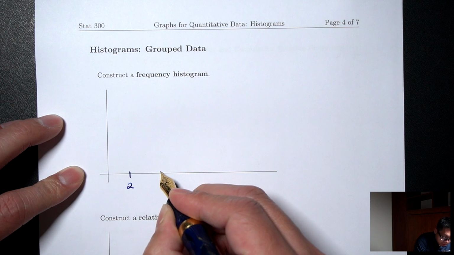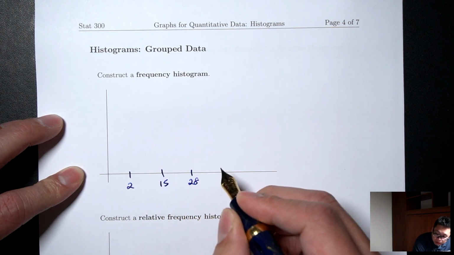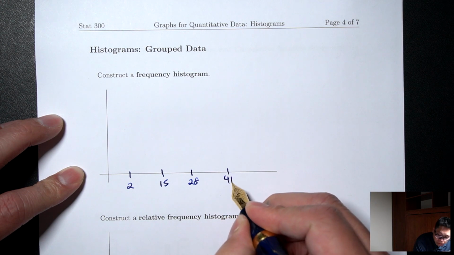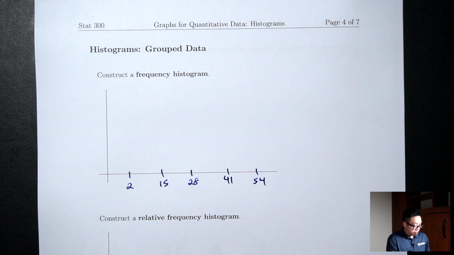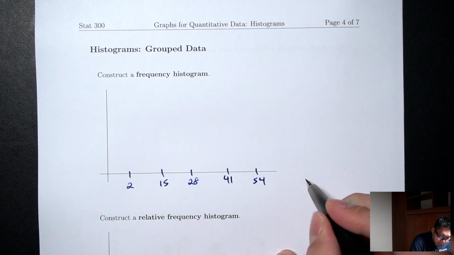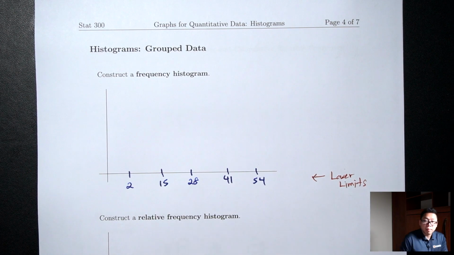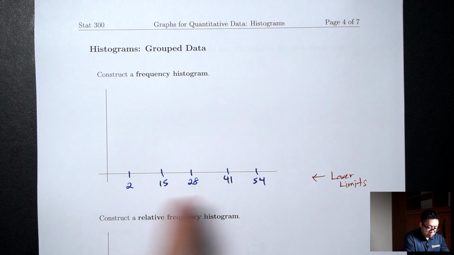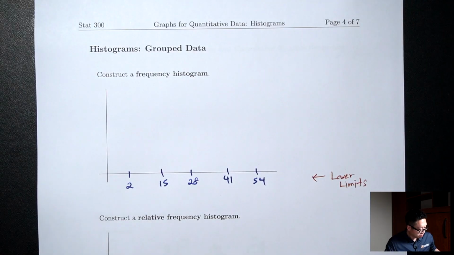Okay? Once again, these are the lower limits. And let me also title what these numbers mean. So these numbers were number of hours per week.